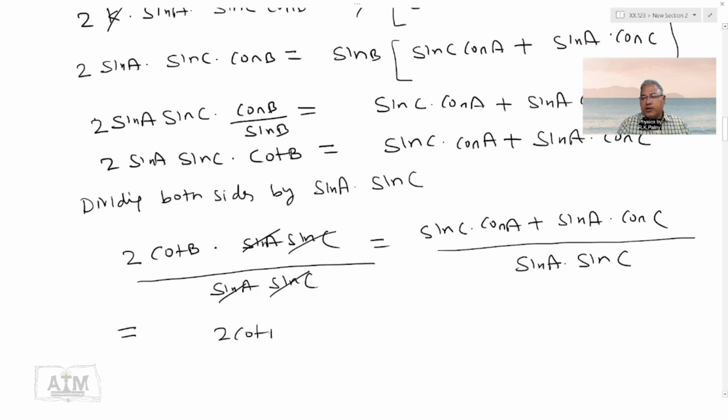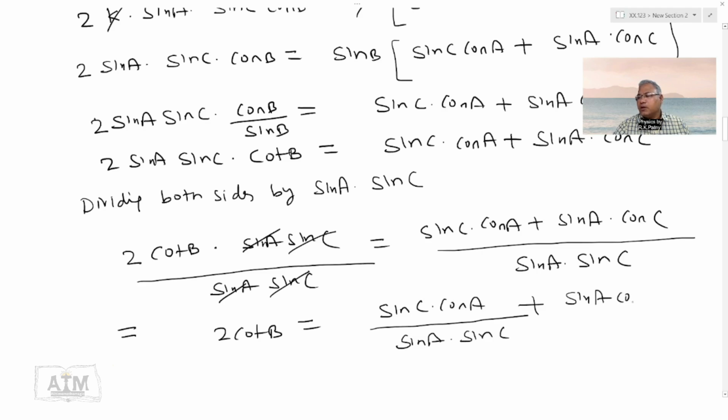We get here cot B, and here sine C cos A upon sine A sine C plus sine A cos C upon sine A sine C. Cancelling similar terms, sine C gets cancelled here, and sine A gets cancelled.